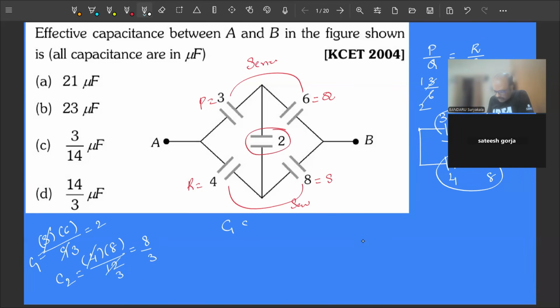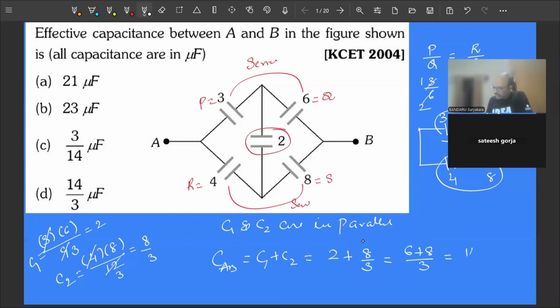Now C1 and C2 are in parallel. So we can write CAB equals C1 plus C2. So it becomes 2 plus 8 by 3, that is 6 plus 8 by 3, it becomes 14 by 3. Everything is micro, so the answer is in microfarad.